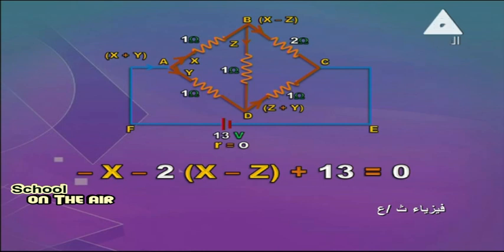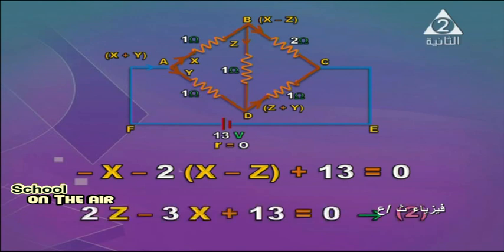So negative 2, the value of the resistance, times the current X minus Z, plus 13, because the EMF of the cell is pushing in the same direction. We rearrange it: 2Z minus 3X plus 13 equals 0, and this is the second equation.